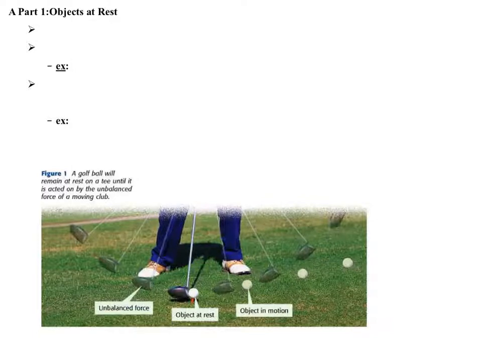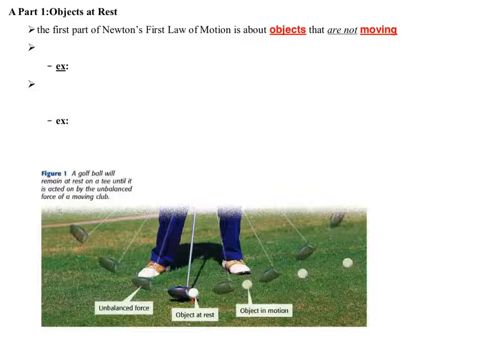And the answer is it describes the motion of objects that are not moving. Now, what's another term for objects that are not moving? Well, in physics, we may say that objects that are not moving are at rest.